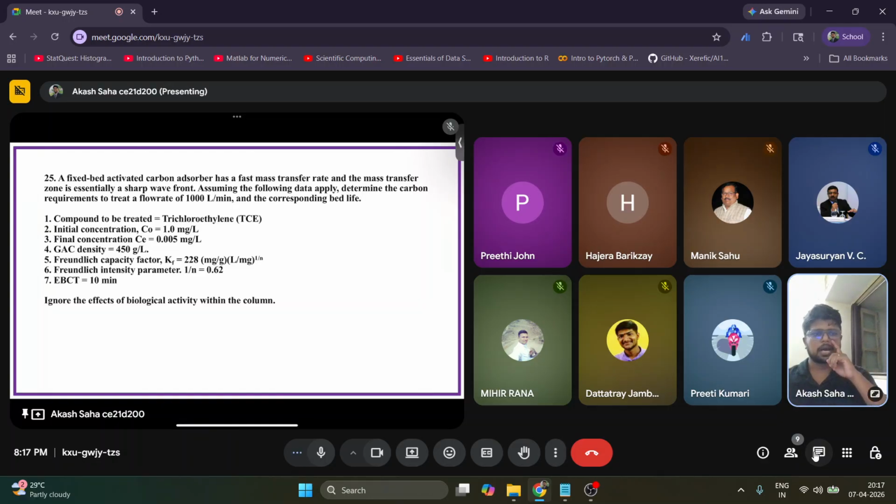We have a carbon bed, so we can find out the life of the bed. So it's like a designing problem. So first just calculate what is the dosage. Just tell me what is the dosage.